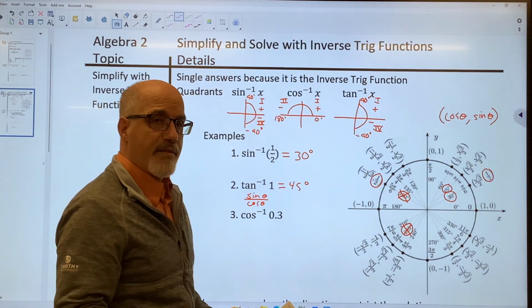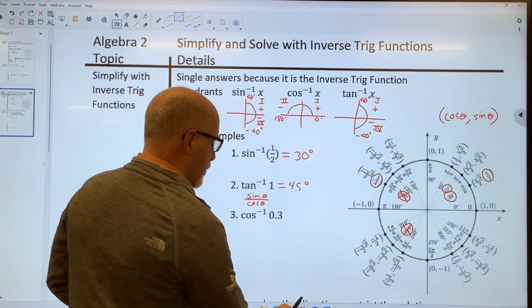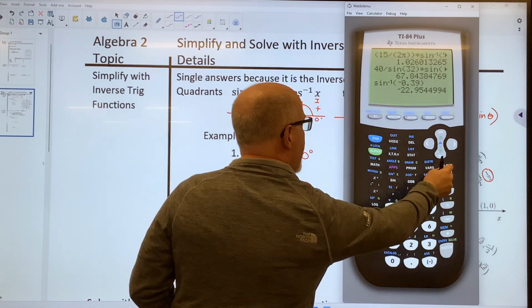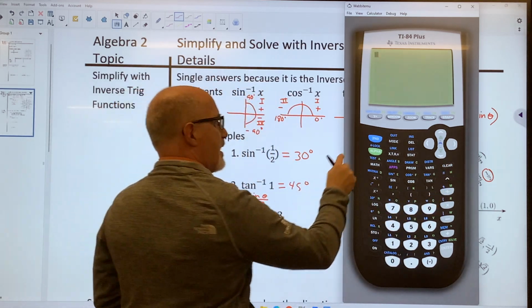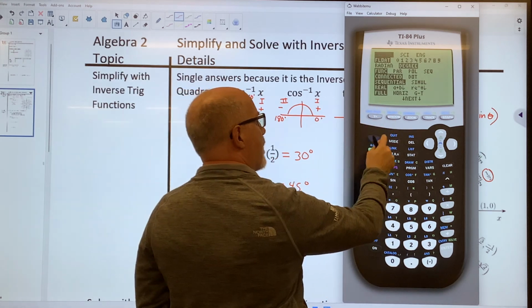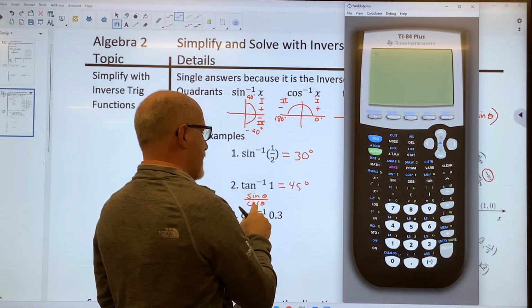We don't have that on our unit circle. So we do want to turn to our calculator here, and we're going to go ahead and do just the inverse. Make sure you're first of all in degrees, because I'm doing my problem in degrees here. If you're in radians, use that.